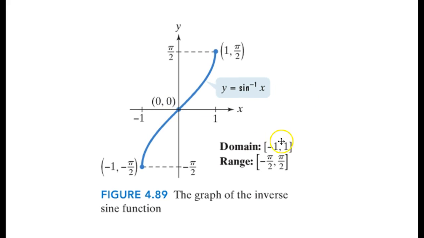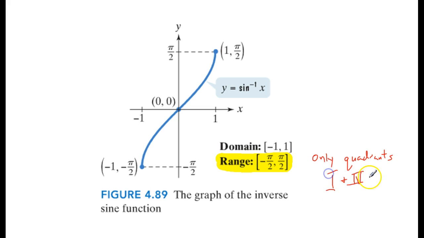Okay, but notice now the domain of the arcsine function, or the inverse sine function, is the range of the old sine function. And the domain of that restricted sine function is now the range of the arcsine function. This is always going to be the hardest thing to wrap your brain around: the output of the arcsine function only produces quadrants 1 and 4.